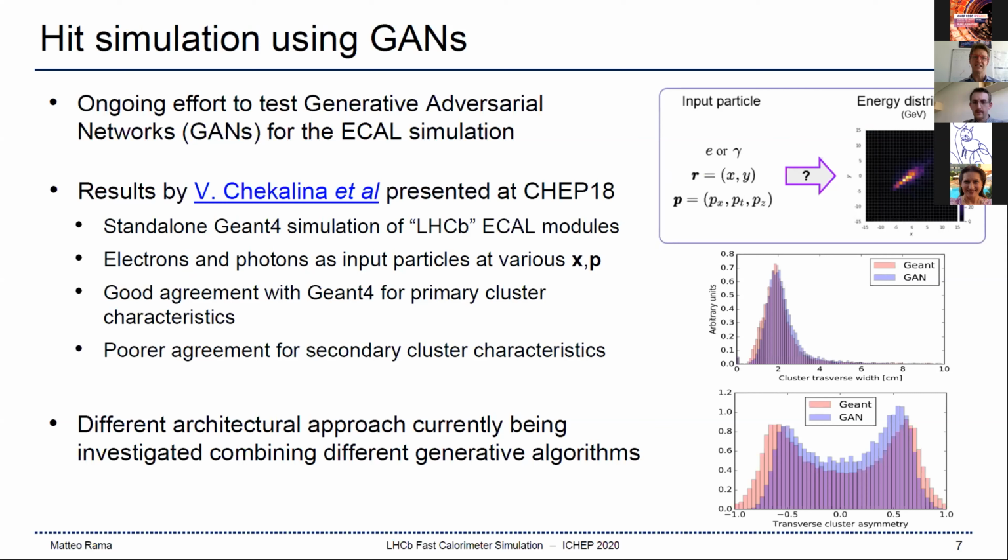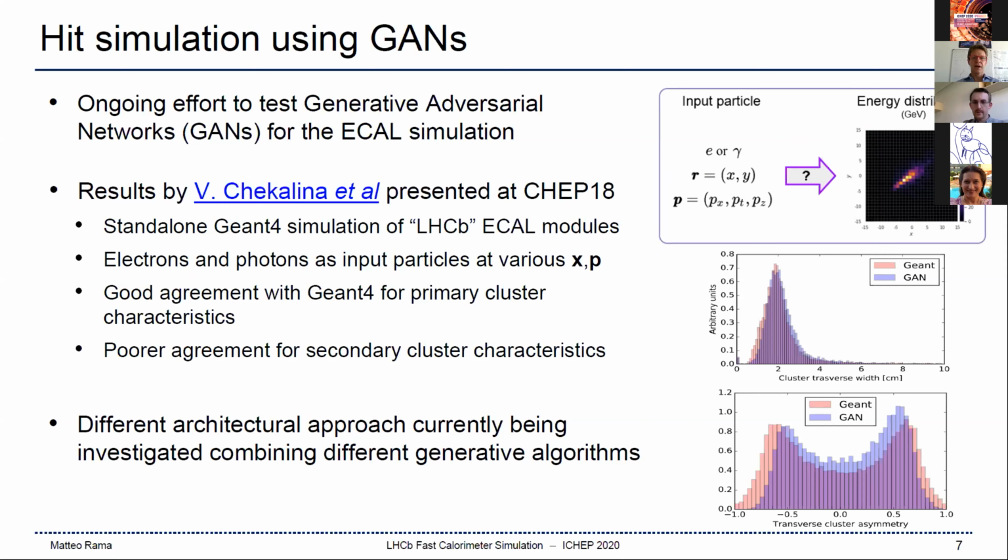Some preliminary results have already been presented on other occasions. Here, for example, there is a link to the Chapter 18 proceeding. Here, Geant4 is used to simulate the calorimeter modules and to generate the real hit distributions, which are then used to train the generative adversarial networks, so the GAN.